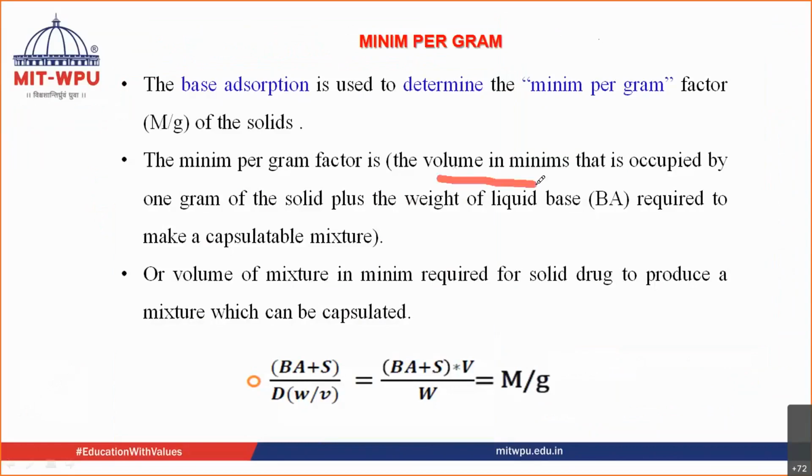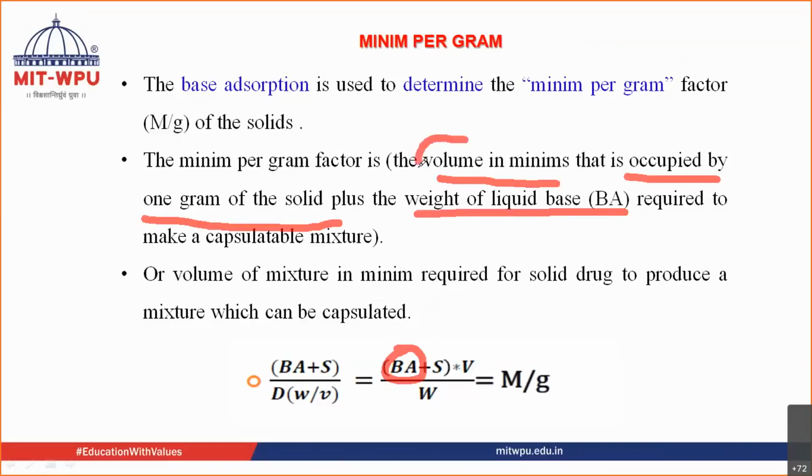It is the volume in minims that is occupied by 1 gram of solid plus the weight of the liquid base, that is base adsorption, in order to make a capsulatable mixture.